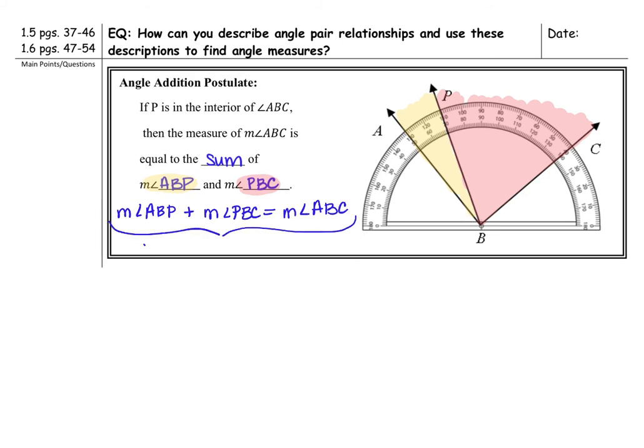So this right here is your angle addition statement. So just remember that postulates are things that we just accept without proof, because it's pretty obvious that if these angles line up on a protractor and then we add them together, it equals the larger angle. So let's do some practice problems on the next slide.